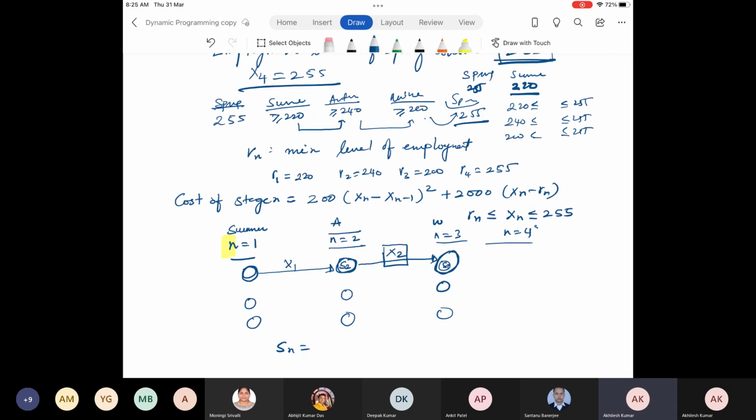That is, I have to decide about X2. That will take me to state 3. So every time, state as stage n is nothing but your employment level in previous season. Look at it and see if it makes sense.